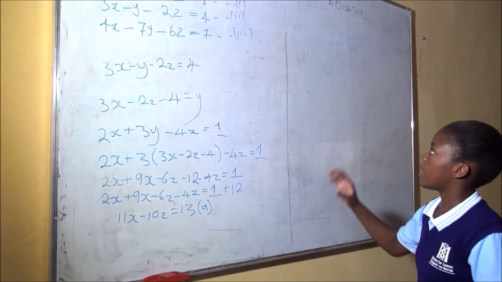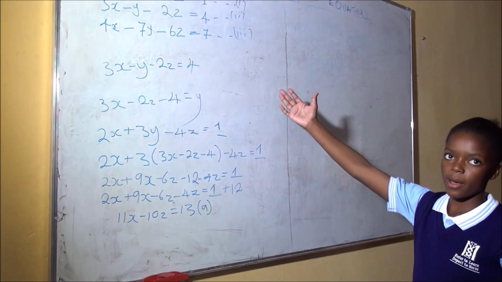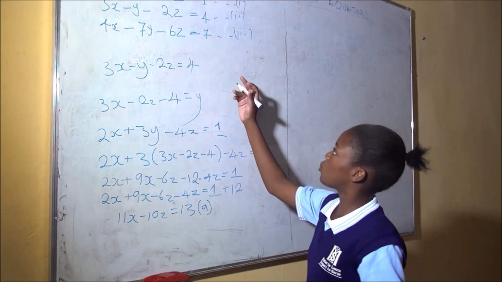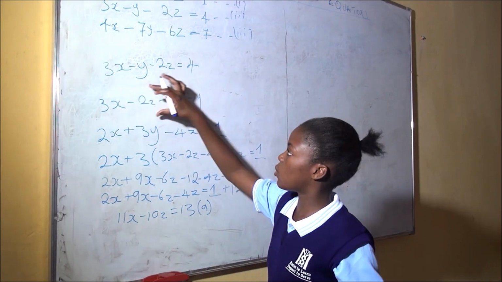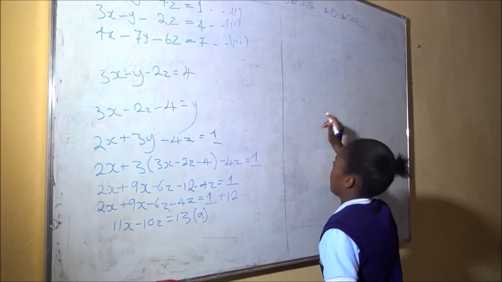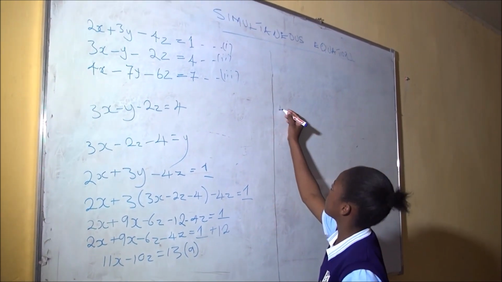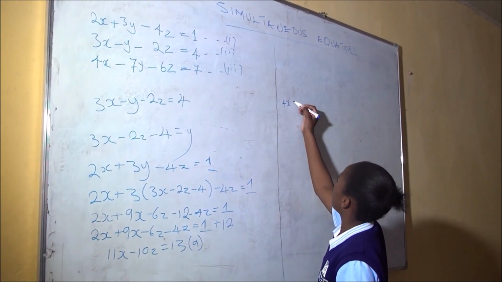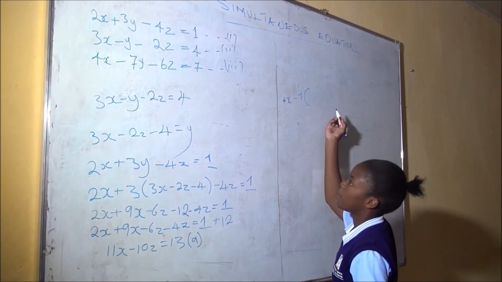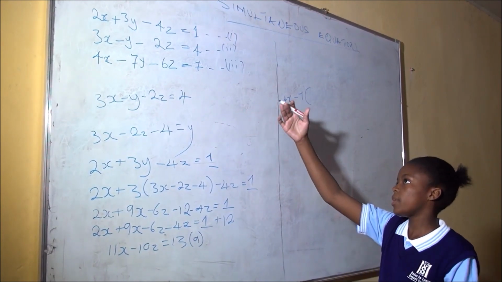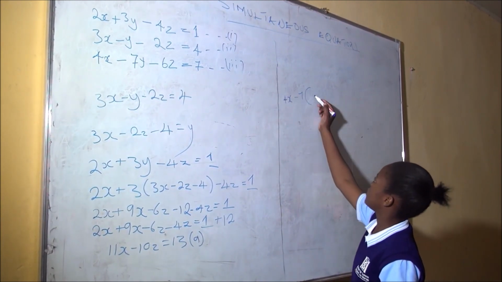Then I'm going to get my third equation, which is right there, and I'm going to substitute where there is y. I'm going to put this equation, which is right here, which is going to be 4x minus z, open brackets. I'm going to get that equation, which is right there, and put it right here.